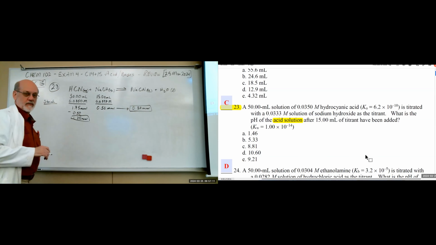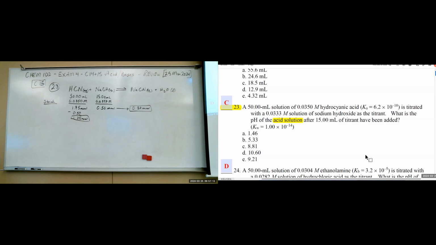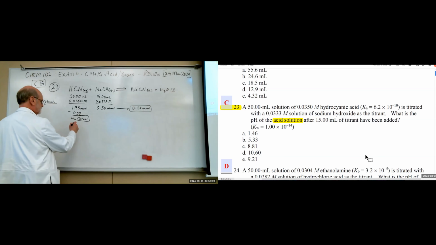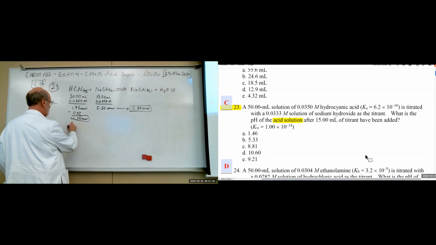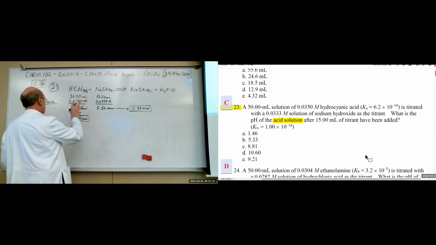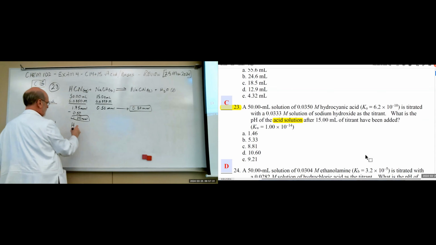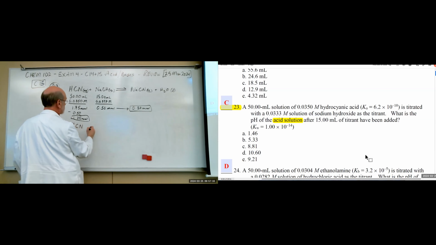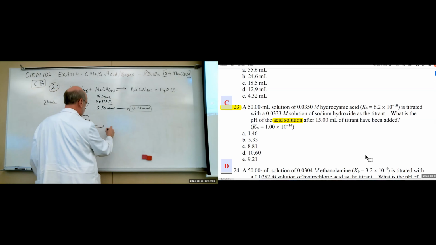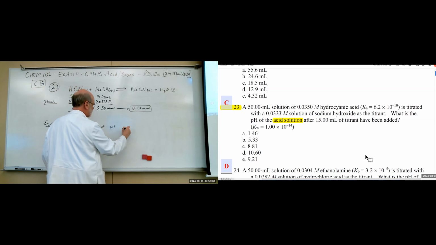Okay, so what equilibrium are we looking at? Yeah, we're still looking at the acid reaction. And now that we have that done, we're going to the equilibrium. So hydrocyanic acid will produce hydrogen ions plus cyanide ions.